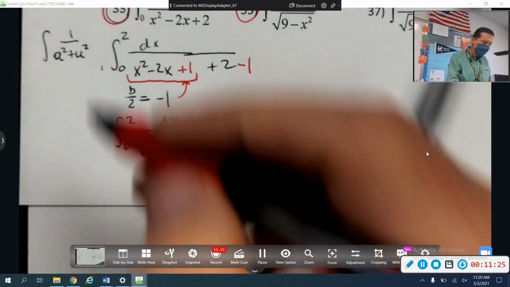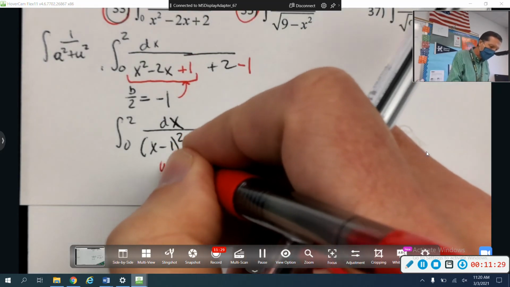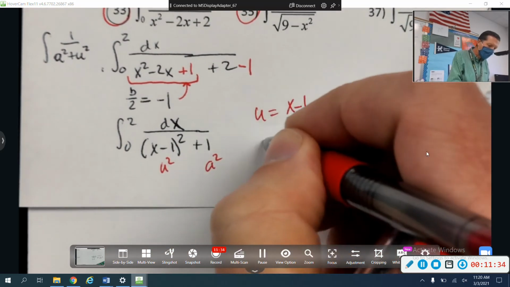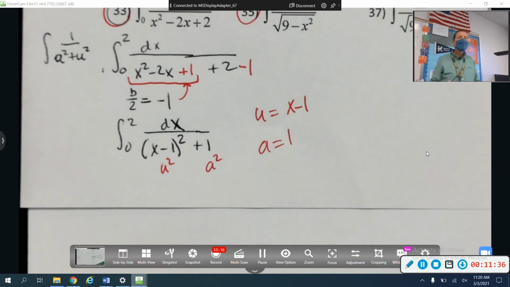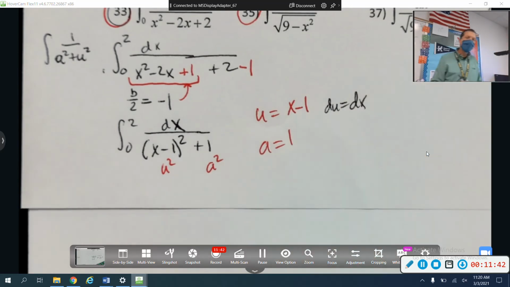But it does get a little confusing your first time through these, so u squared, a squared. So u is x minus 1 and a is 1. And of course, those are convenient because du is dx. And a equals 1 means if we forget the 1 over a, it won't change anything.